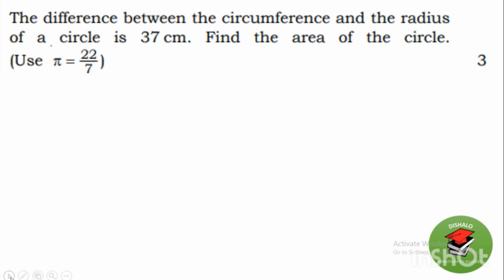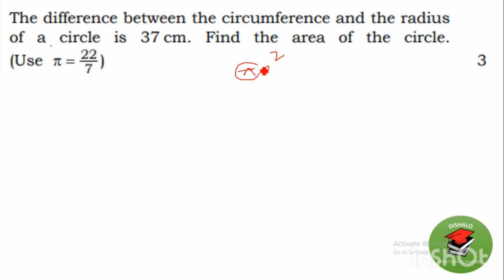Okay. Next question. The difference between the circumference and the radius of a circle is given. You have to find the area of the circle. So you know that in order to find the area of a circle, the formula is pi r square, right?